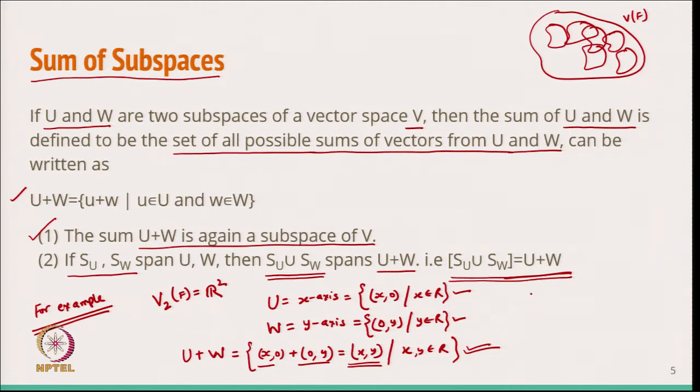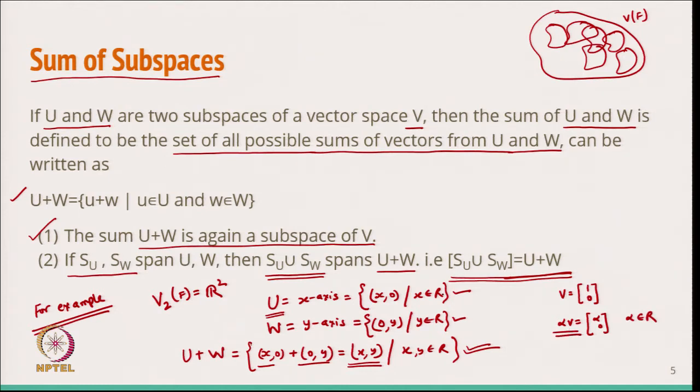Now, I want to show you what is the meaning of spanning set of U. I am taking one subspace U, and I take one vector V, suppose the vector 1 0, and I take all the linear combinations of the vector V. So I can write alpha V, which will be alpha 0, and I can choose my alpha as a real number.